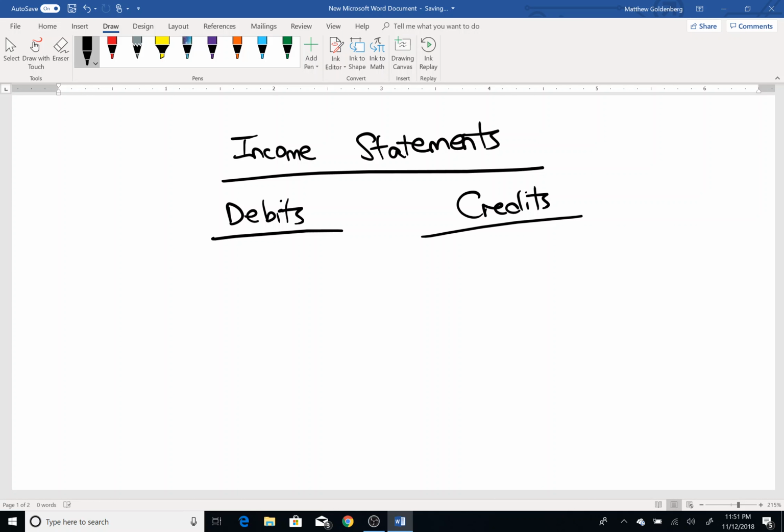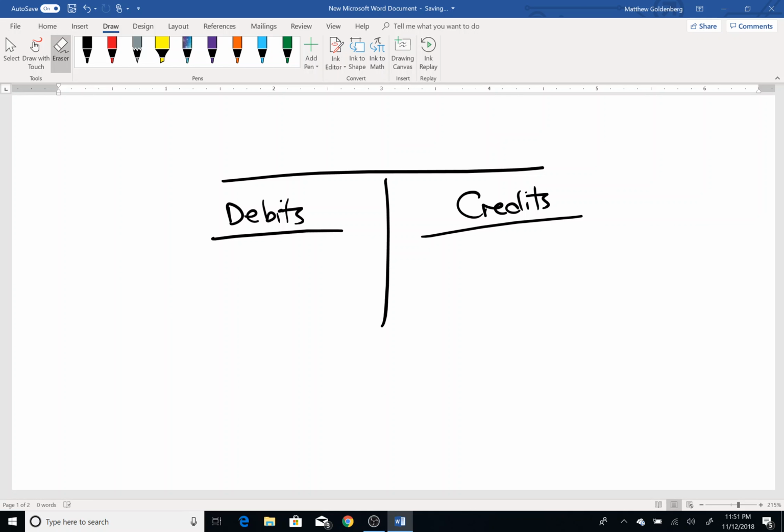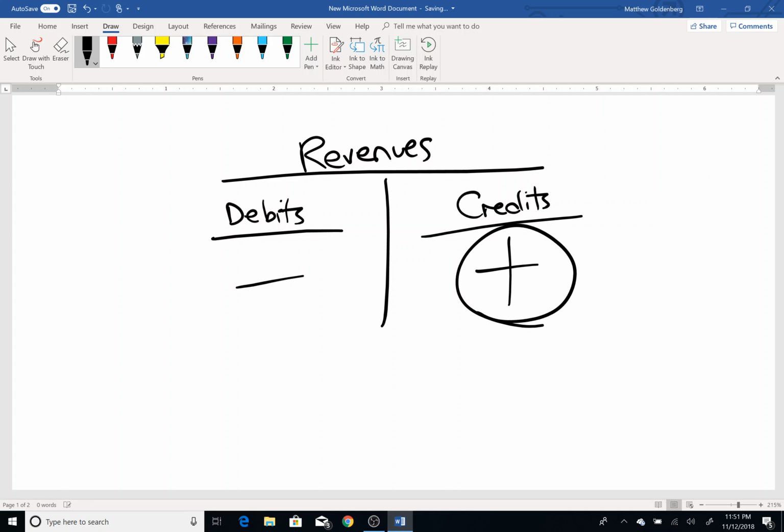This would be for revenues. This would be positive. This would be negative. When you're increasing revenues, you're crediting. When you're decreasing revenues, you're debiting.